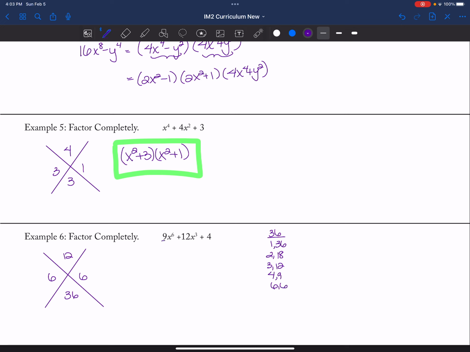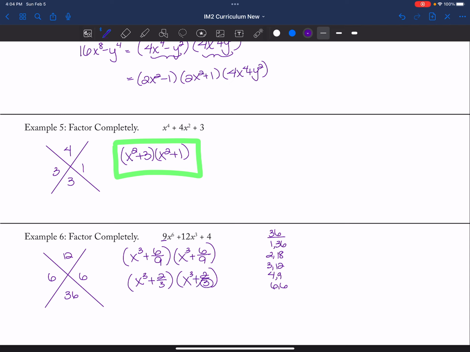Now remember, when I have a number in the front, I have to do bottoms up. So this is going to be x cubed plus 6, and I'm going to divide it by 9. And then x cubed plus 6, and I'm also going to divide that by 9. They are the same term, so I'm going to reduce. So x cubed plus 2 over 3, x cubed plus 2 over 3.